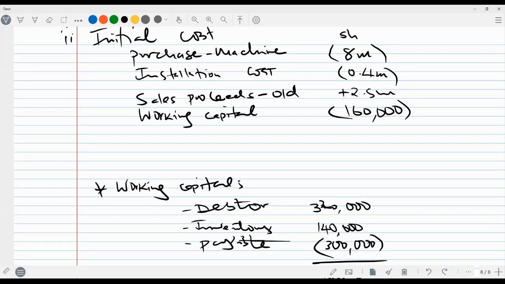And that therefore makes up the initial investment cost, which is how much? We get 5.9 million, which is the initial investment required by the company as at year zero. You're done with that.